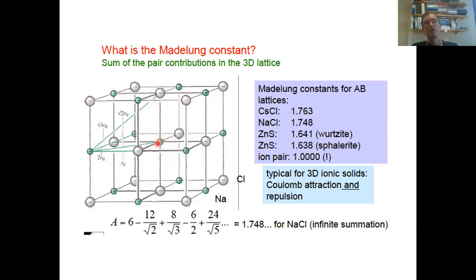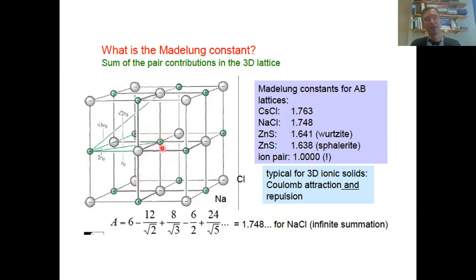All right. So now, in our approach to the Madelung constant, we consider by how many ions a particular ion is surrounded, and what's the distance between the ions relative to RAB, the closest possible distance between the two ions.